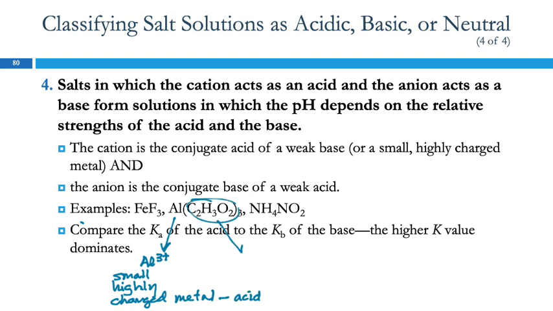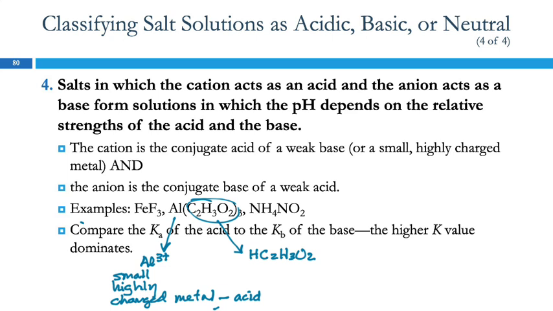What about this guy? Well, that is the conjugate base of HC2H3O2. Is that a strong acid or a weak acid? Is it one of the six? No, it's weak.